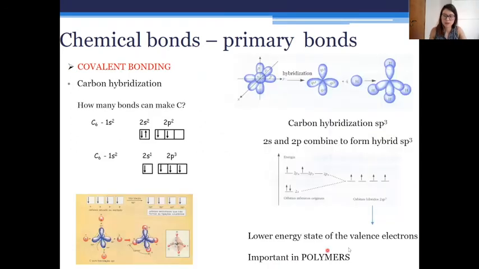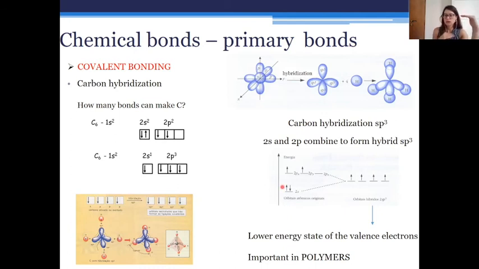Okay. So in order to explain hybridization, we can take the example of carbon hybridization. Carbon has 6 electrons. First we fill the 1s subshell, then the 2s orbital, and then 2p: 1 electron on 2px and 1 electron on 2py, as represented right here. Here you can see that we have 2 subshells with a different energy level.